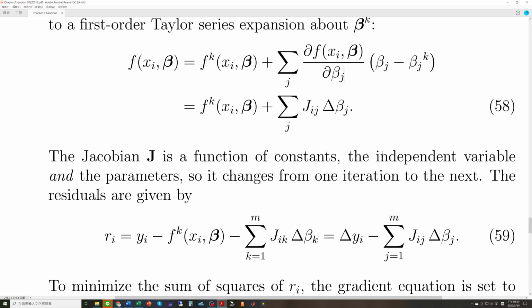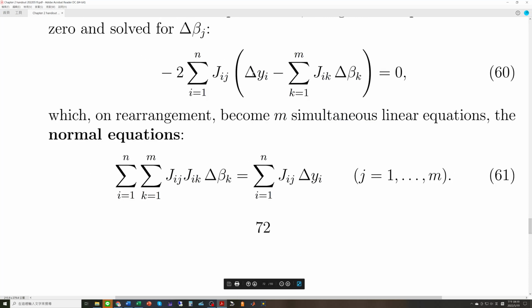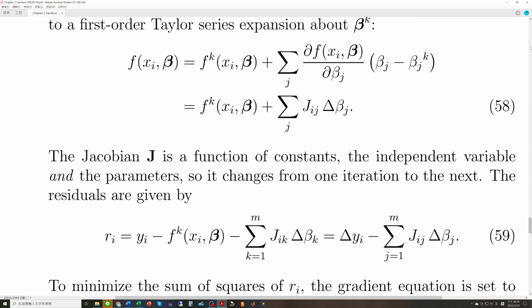If you forget, please review the videos of the previous classes. Times delta yi minus summation k equals 1 to m capital Jik delta beta k is equal to 0. What is delta yi? Delta yi is equal to yi minus f of xi beta.